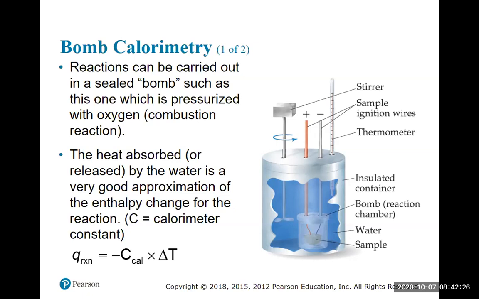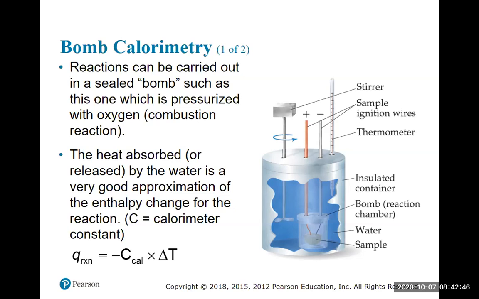There are different variations of these bomb calorimeters, but in essence, that's what happens. So you measure either the heat that's given off in that reaction or the heat that goes into it, and once again, that would tell you if it's endo or exothermic.